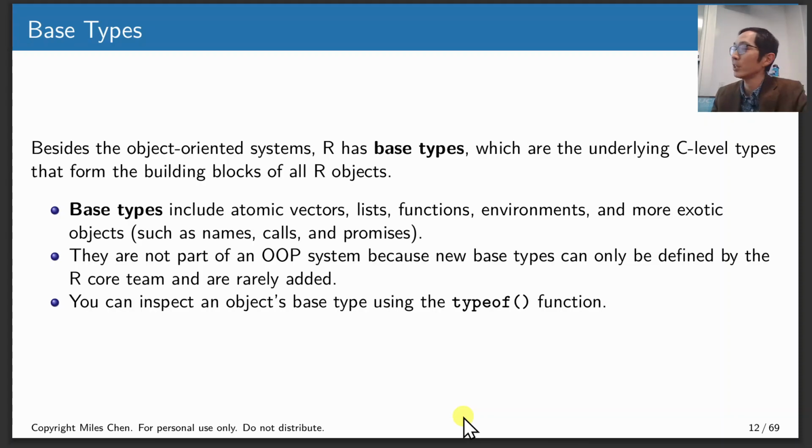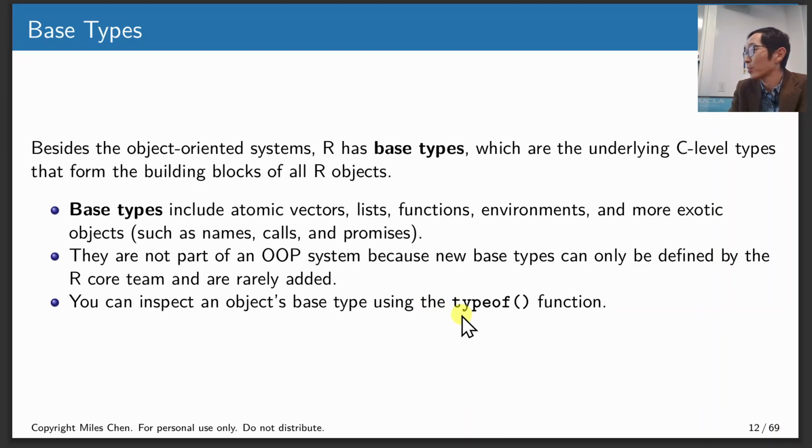They're not part of any OOP system. You are not able to define new base types yourself, whereas end users can create new classes as far as the OOP system goes, but you can't just create a new base type.